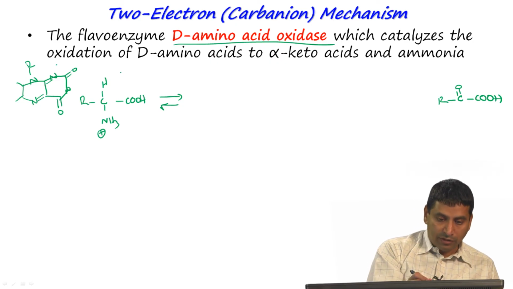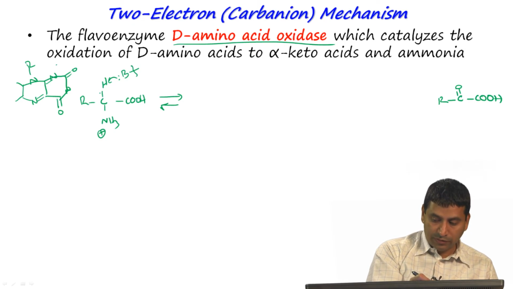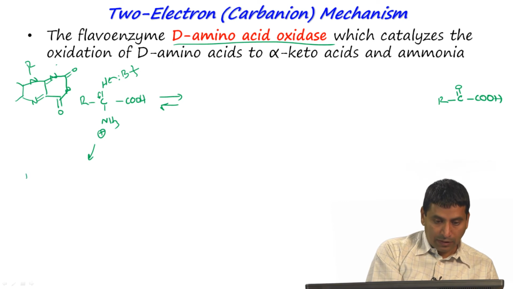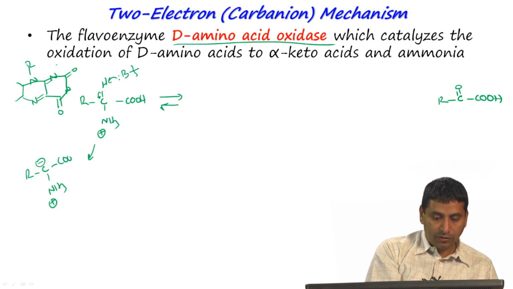So, you can imagine that there would be a base that would come abstract this hydrogen, and this can then be transferred to C minus, and that will give you R-C(-)-NH3+-COOH.